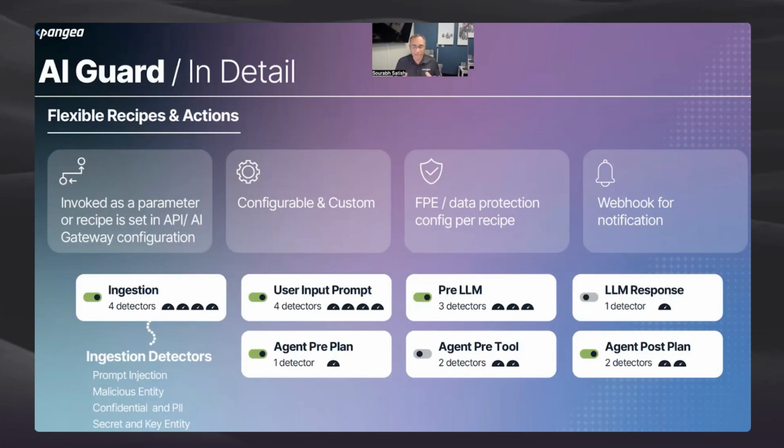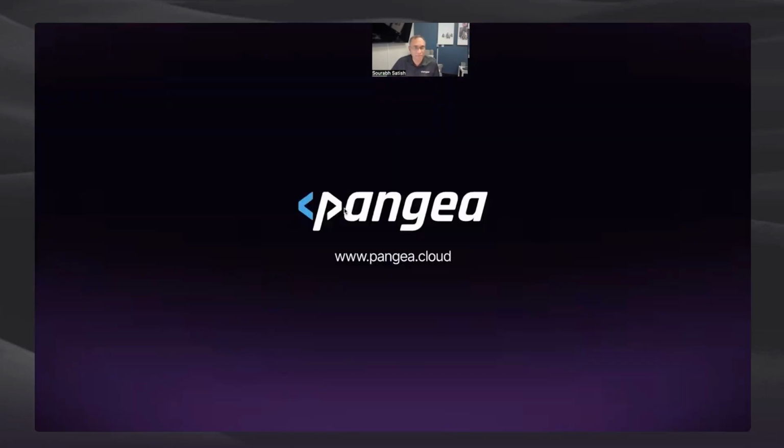So these APIs can be invoked any place or any way or anywhere where AI interactions are happening, not necessarily as code within your AI application. So the APIs really make it flexible and give you various choices where you want to invoke them. So that was a quick summary of Pangea's AI capabilities.